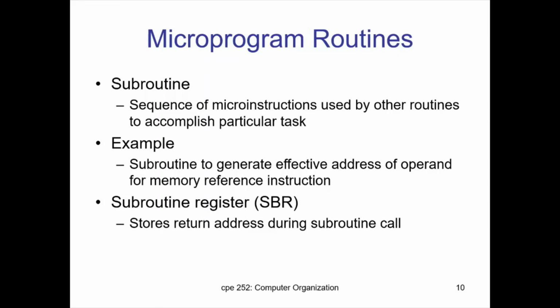Whenever a call is coming to your mobile phone, it is understood by the SBR, which stores the return address. Somebody is calling you, or there is a missed call, so you didn't pick it up. You will get the routine, the subroutine, yes, you have a missed video call, missed audio call, whatever it has been.